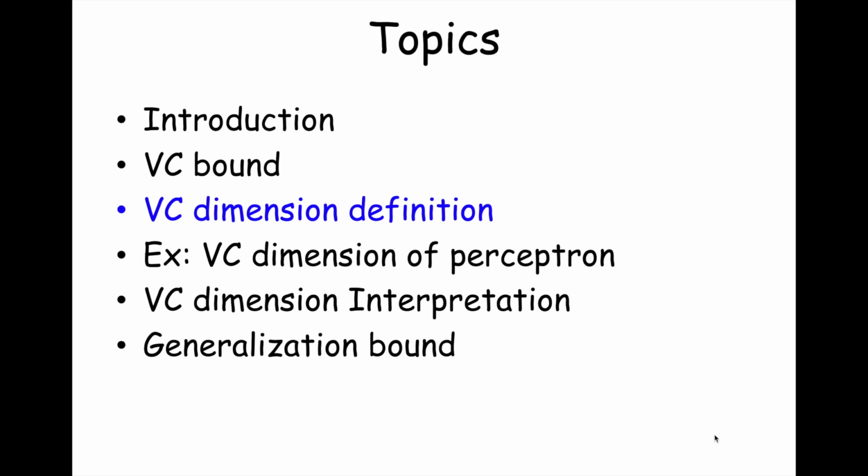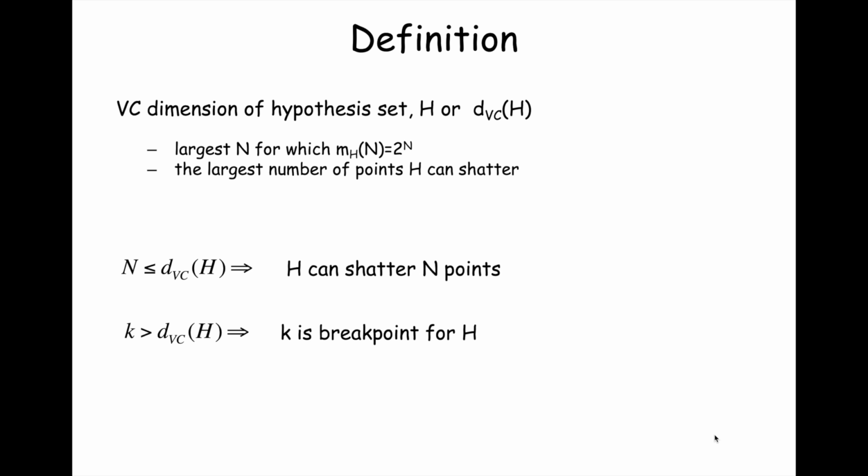So let's take a look at what the definition of the VC dimension is. The VC dimension is pretty simple. It is associated with the hypothesis set. So when you talk about a hypothesis set, certainly you talk about its complexity. A hypothesis set has a VC dimension, and it's a measurement or description of the descriptive power, if you will, of a hypothesis set.